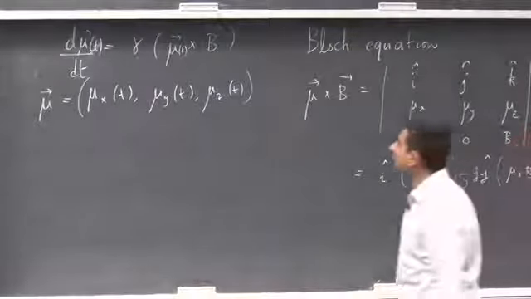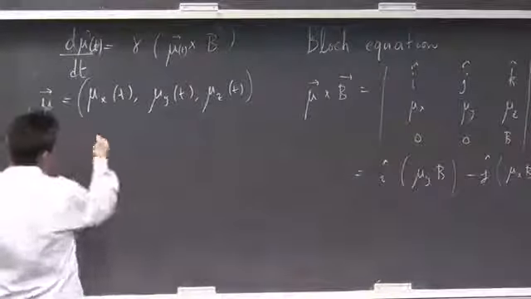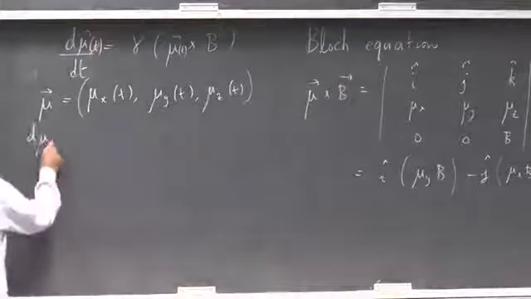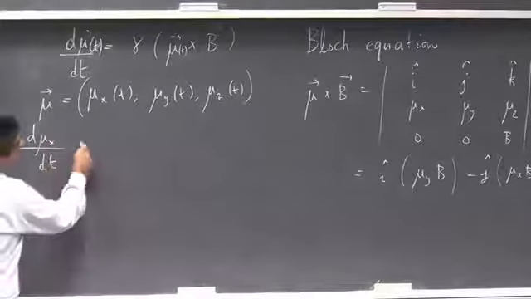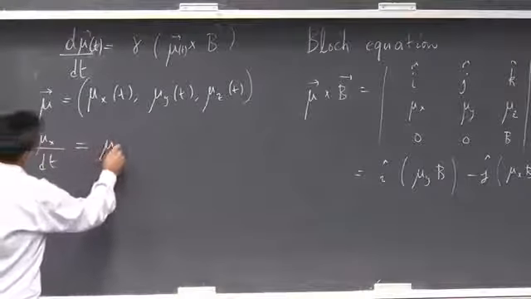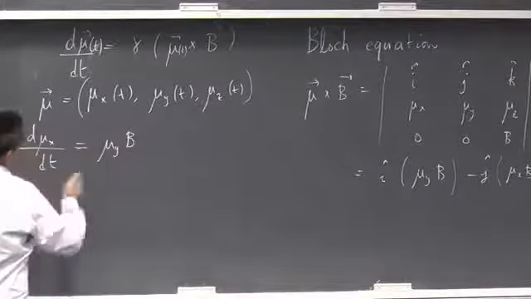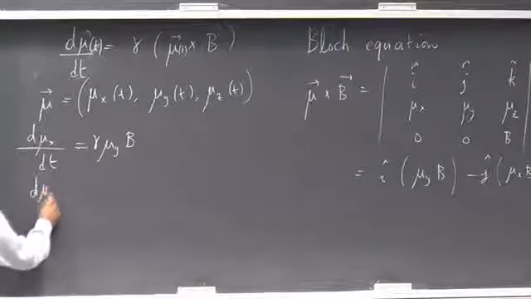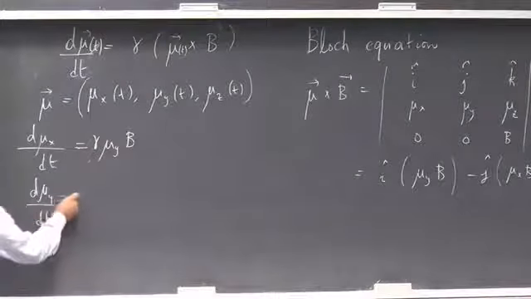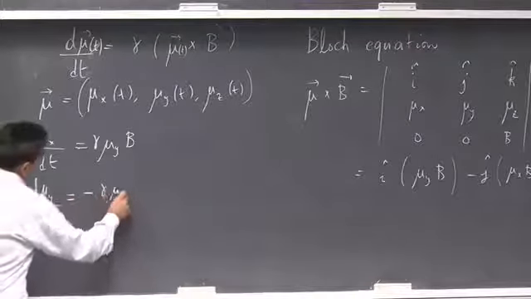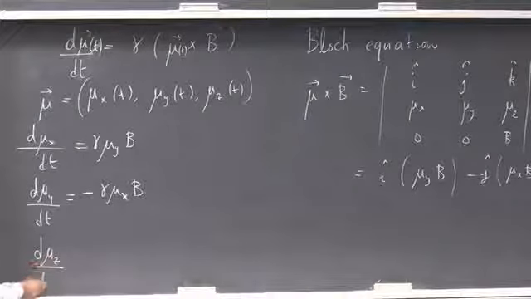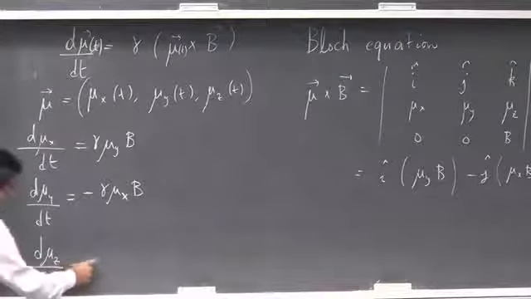So the torque really, or d mu by dt, is given by this, which means that d mu x by dt is given by gamma mu y B, d mu y by dt is given by minus gamma mu x B, and d mu z by dt is given by 0.